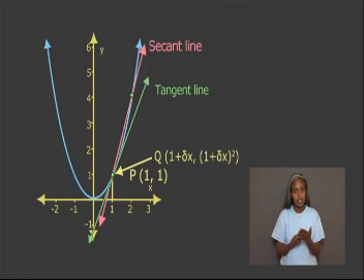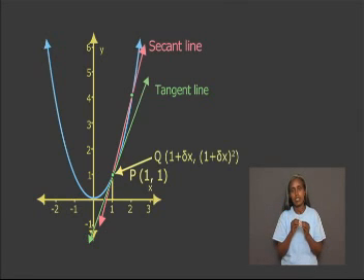This simplifies to (1 plus 2 delta x plus delta x squared minus 1) over delta x. When we divide the numerator by the denominator, we find the slope of the secant line to be 2 plus delta x.